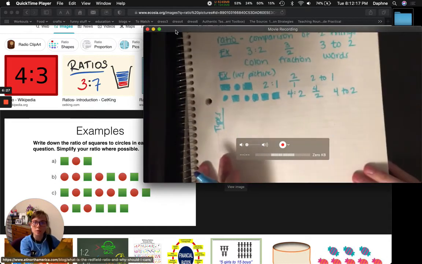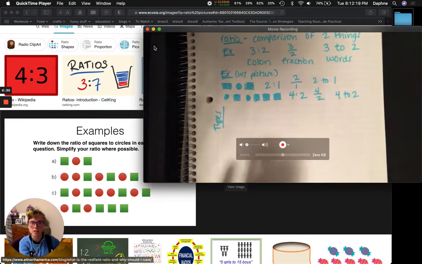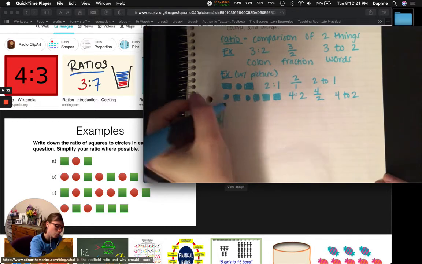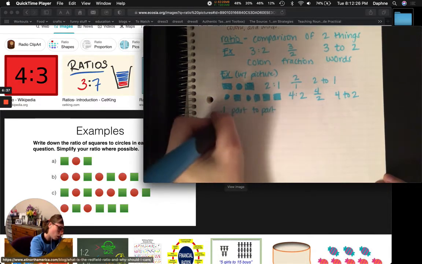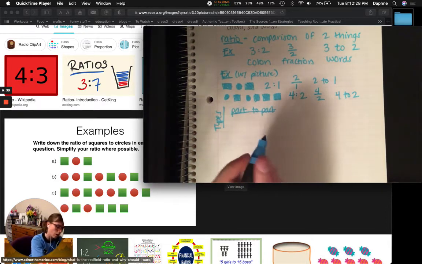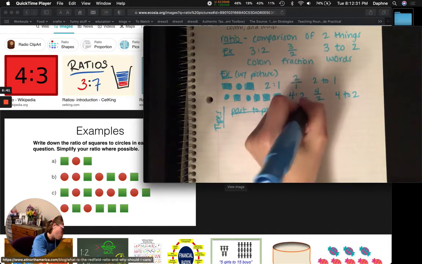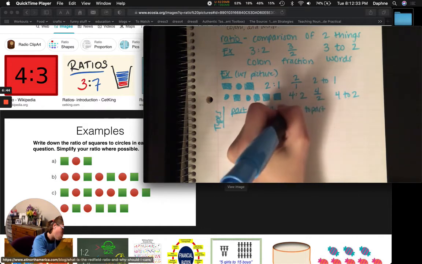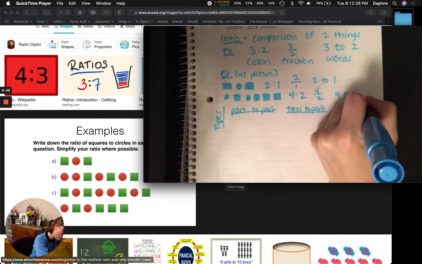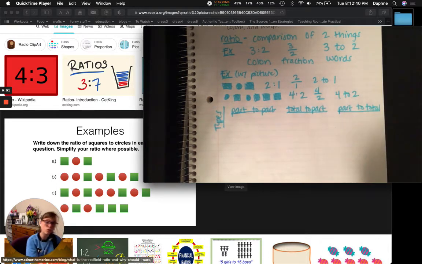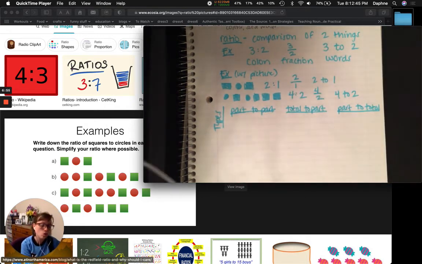So in this table, we're going to have part to part. We're going to have total to part, and we're going to have part to total. Now, if you do run out of room, that's totally fine. Just make sure they're vertical. Our goal is that we have 1 page of notes because I have it on 1 page of notes. So we should be able to get it in 1 page.